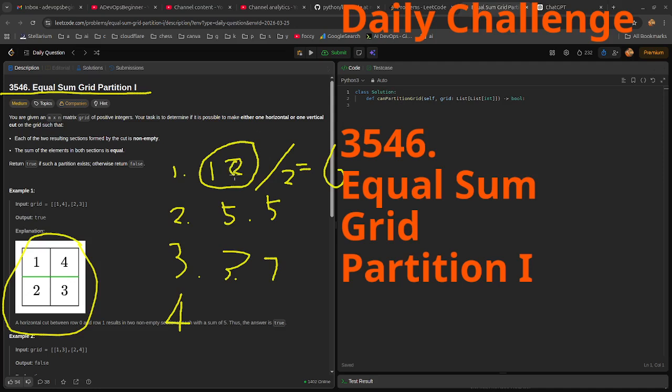The summation of this grid is 10, so 10 divided by 2 is 5. So we want to check if any section, the summation of any section is 5. Obviously, this is 5, this is 5. Then it will be true. But anyway, these will be the 4 steps we're gonna solve this problem.